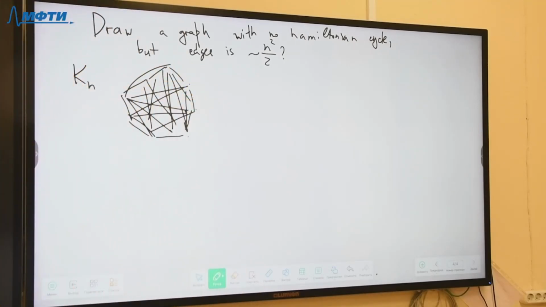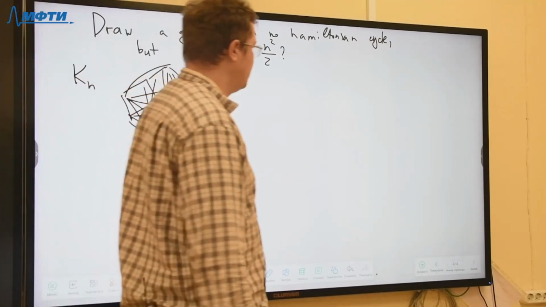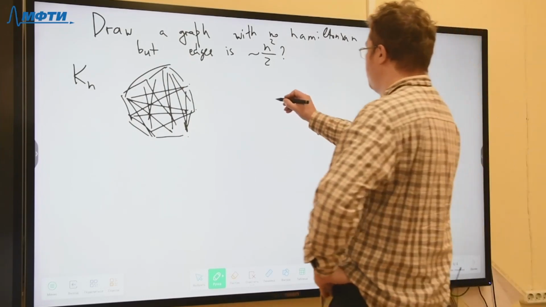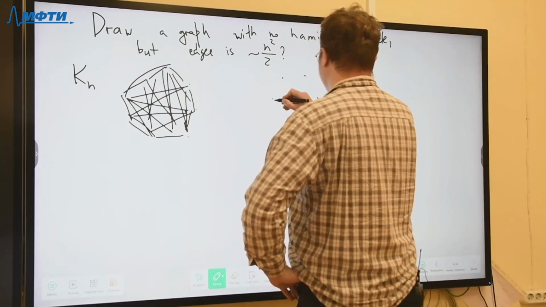Yeah, so maybe we can just start with 6 vertices.